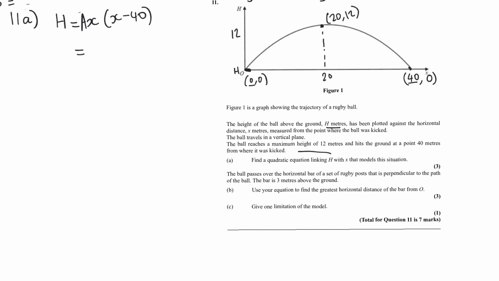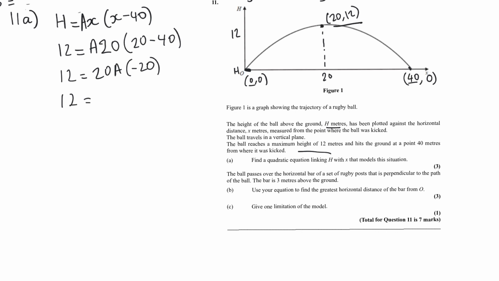So to work out a, we're going to substitute the coordinates (20, 12). At that point h is 12, a we're trying to work out, we know x is 20, and then you'd have 20 minus 40, so 12 is equal to 20a times minus 20. That would leave you with 12 is equal to minus 400a.